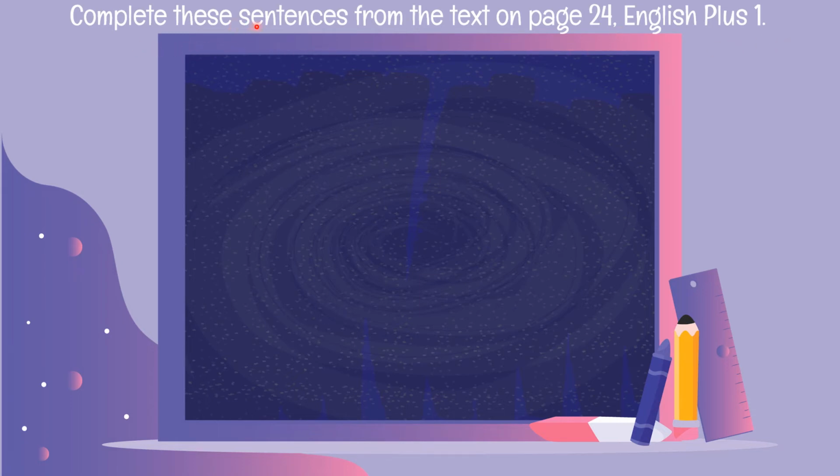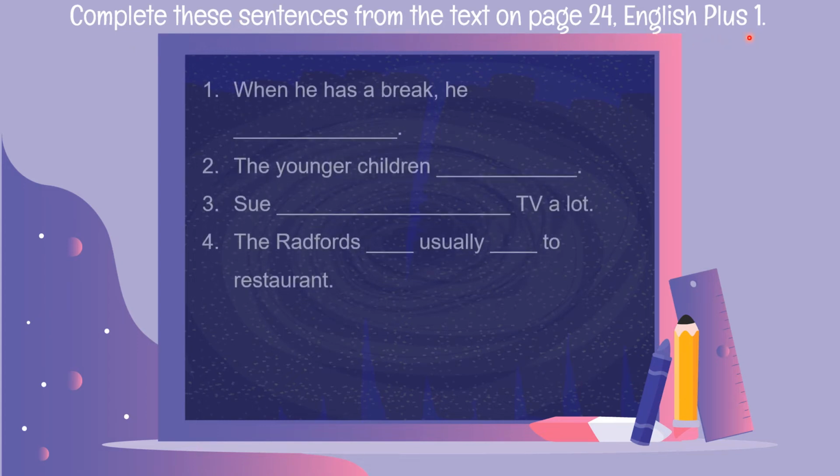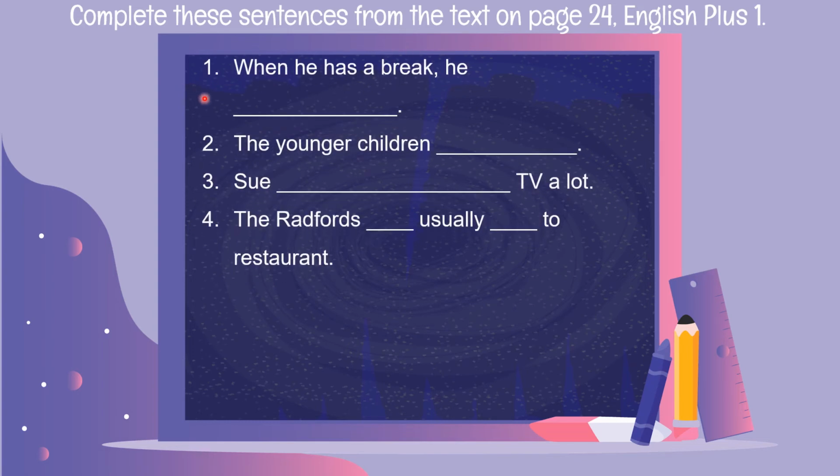We are going to complete these sentences from the text on page 24, English Plus 1. Number 1. When he has a break, he ... Can you find the answer? It's from the Radfords' article.